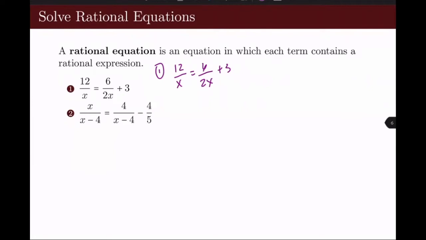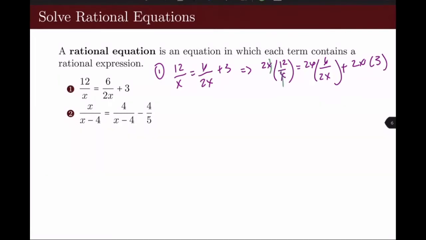So I'll have 2x times 12 over x equals 2x times 6 over 2x plus 2x times 3. Remembering not to forget that whole number, because if we're multiplying, we need to multiply every single term, right? Okay, so now the x's here and here will cancel. The whole 2x will cancel in this fraction though.